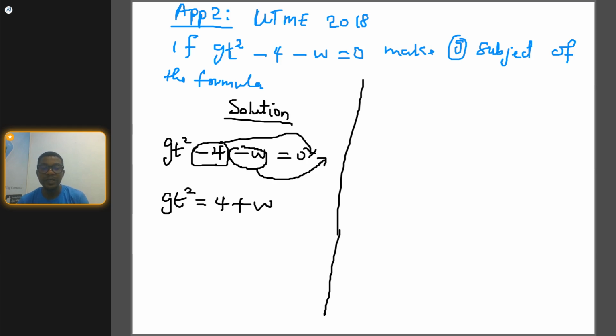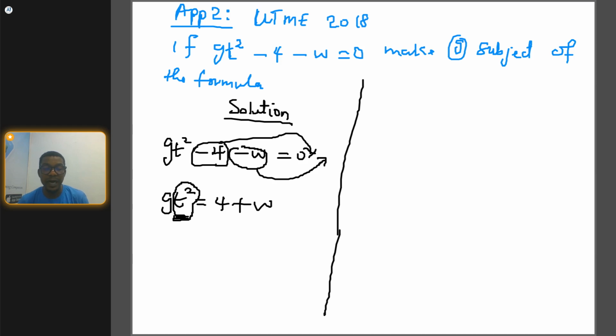So let's go on. We still have somebody beside G, and he's not supposed to be there. That is T squared. All I need is just letter G. So if I have T squared beside G, that means I have to divide both sides by anything that causes a hindrance for G to stand alone, and that thing is T squared.